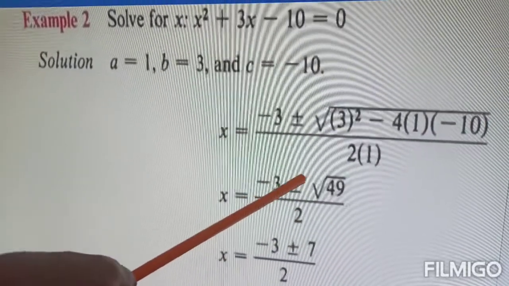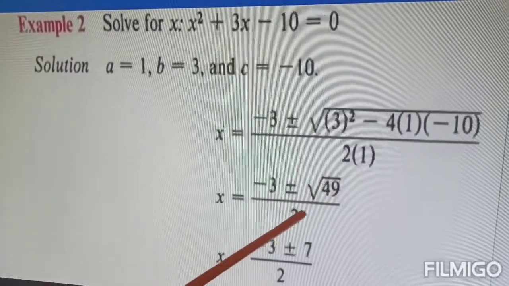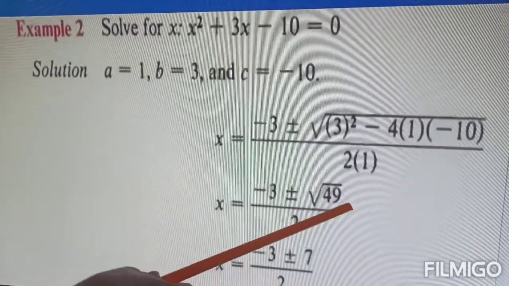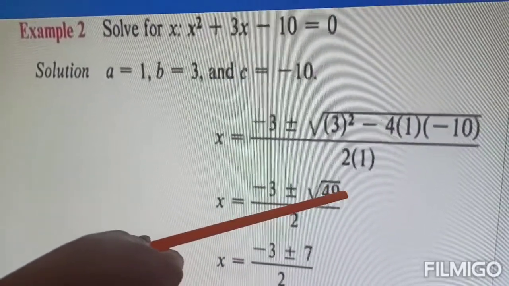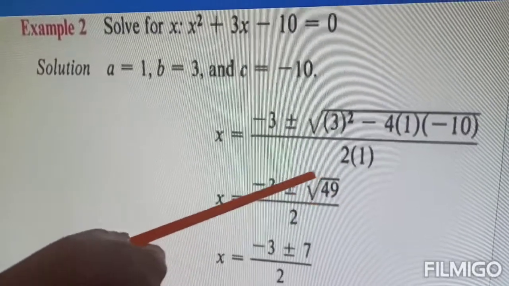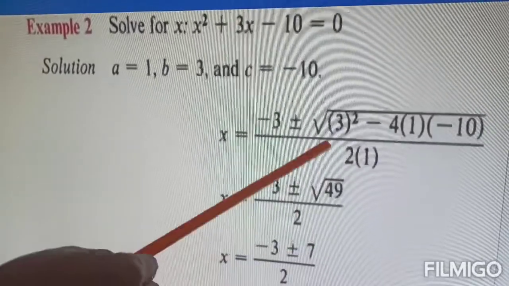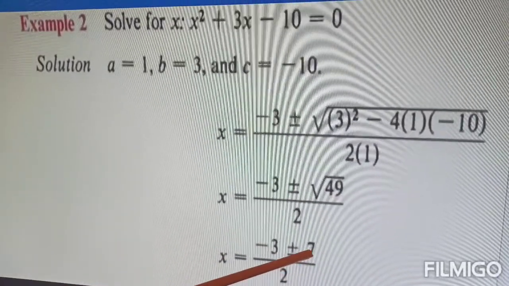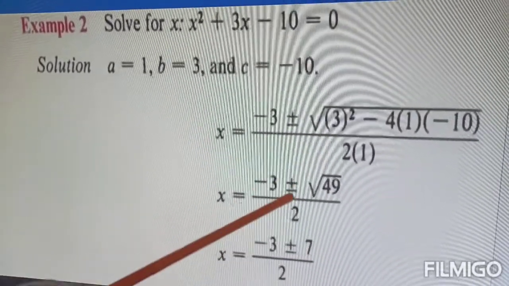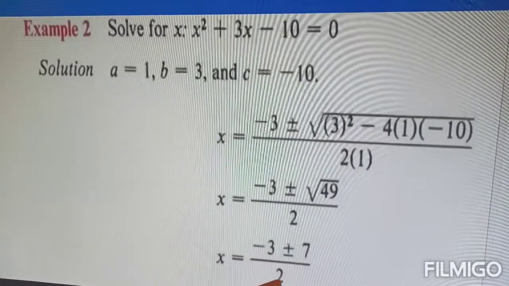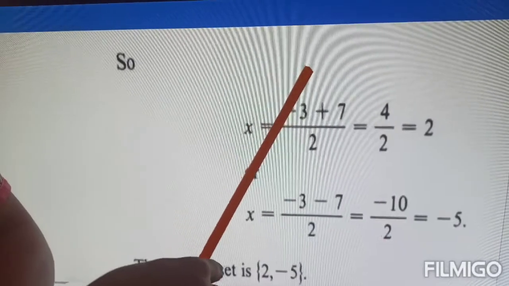Now minus 3 plus or minus root 49, divided by 2. 49 is a perfect square number, so we replace it by its square root. 49's root is 7. Minus 3 stays as it is, plus or minus 7 divided by 2. Plus or minus gives two values.